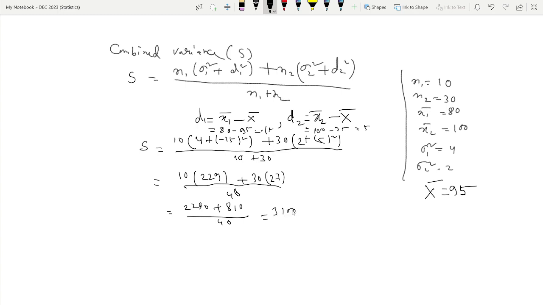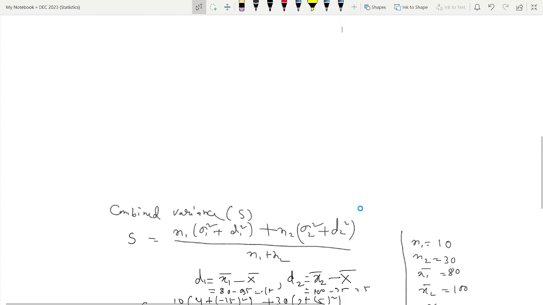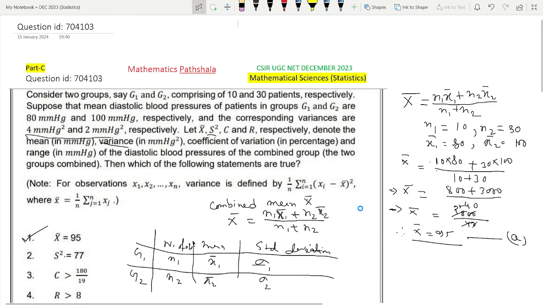So 3100 divided by 40, and it is 77.5. Now we go to the option. Our S square is 77.5, but here the option says 77. So this is the wrong option. So option B is the wrong option.